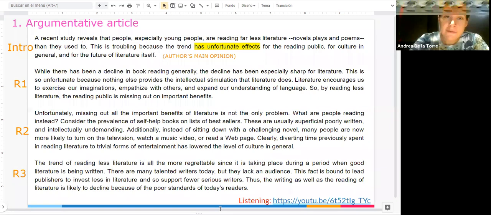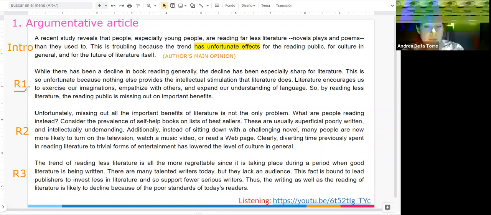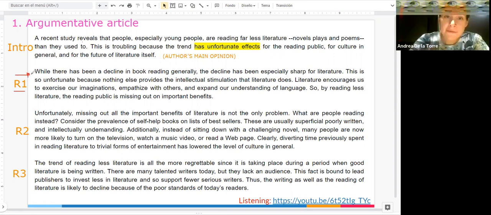Were you able to identify those reasons? So what is reason number 1? Why does the fact that people read less literature is unfortunate? What is the first reason the author gives? Why is this such a negative thing? According to the first paragraph, or the first body paragraph, sorry.